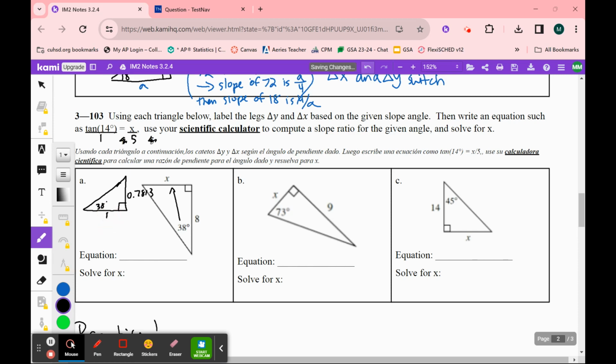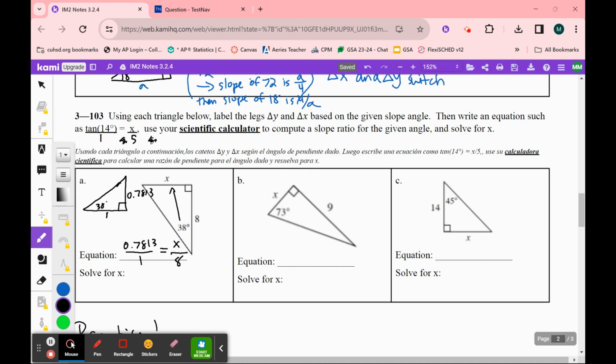Okay. So we could write 0.7813 over 1 and set that equal to the corresponding parts. So 0.7813 corresponds to x, because x is across from the 38-degree angle, and then it's over 8.